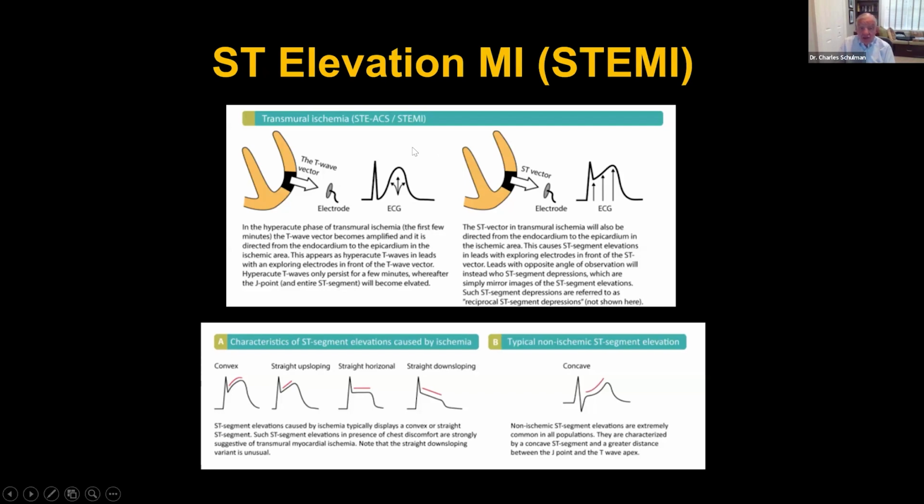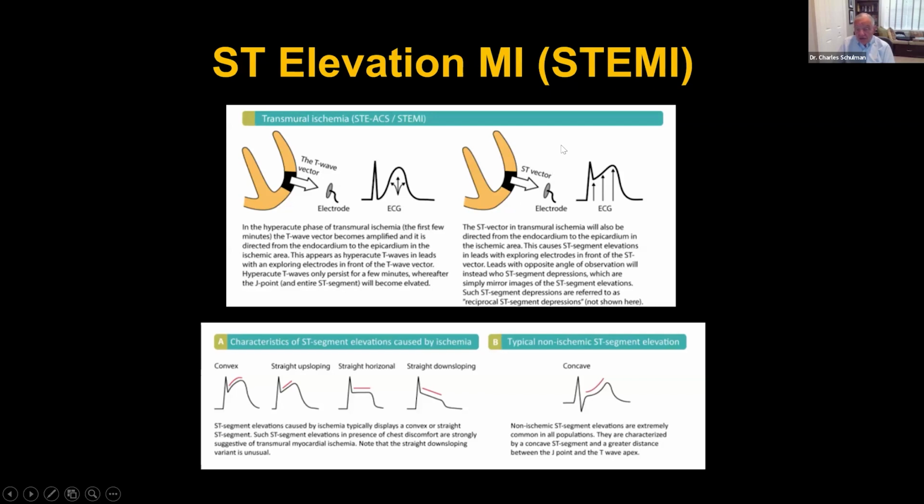And so where there is damage, the initial change is that the T wave vector travels toward the electrode of the involved artery. We'll talk about which ones in a while, giving you an elevated T wave, a so-called hyperacute T wave, followed by an ST elevation, where the ST vector travels toward the electrode.